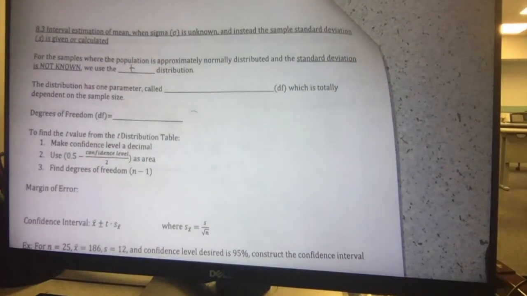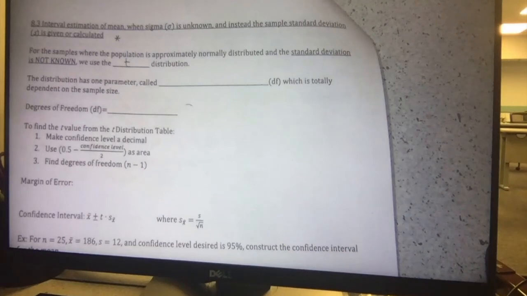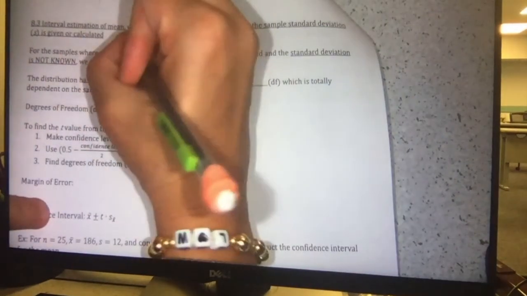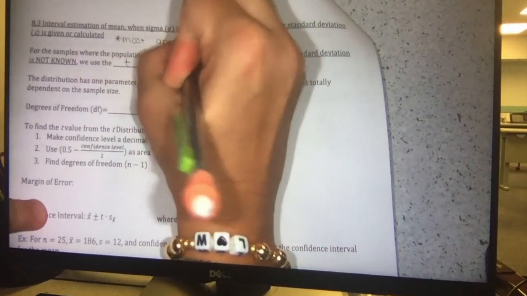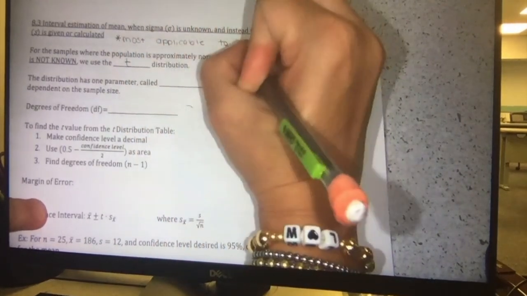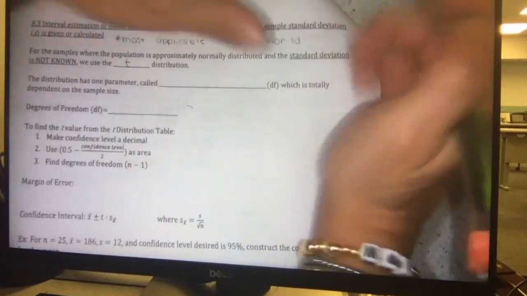So instead of having z values and z tables, we're going to have t's. This is more likely in a real life scenario. You're not going to have the population standard deviation because that means you have to have everyone's data. So it's going to be most applicable to real world situations.